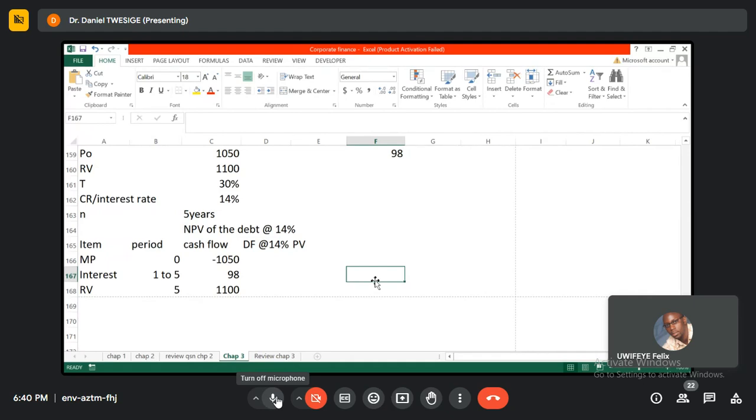But if the question does not give you a premium, it means you are redeeming it at par. And if it's redeemed at a discount, you can also use the discount value, you recognize the discount.